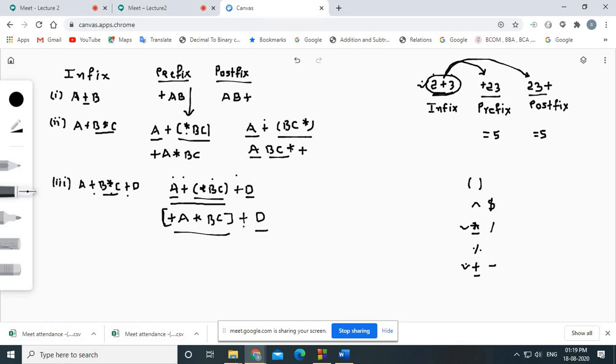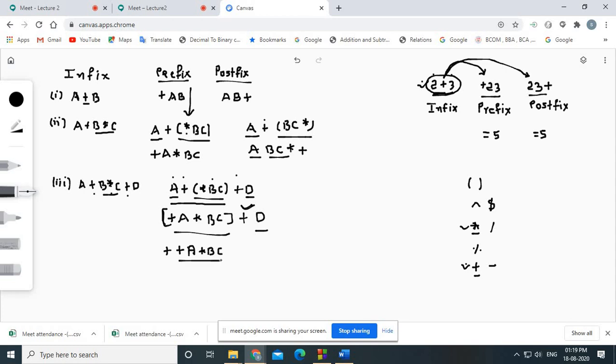We are converting into the prefix. In the prefix, the operator comes first, so this plus has to come first. Now my first operand is plus A, then star, then BC.